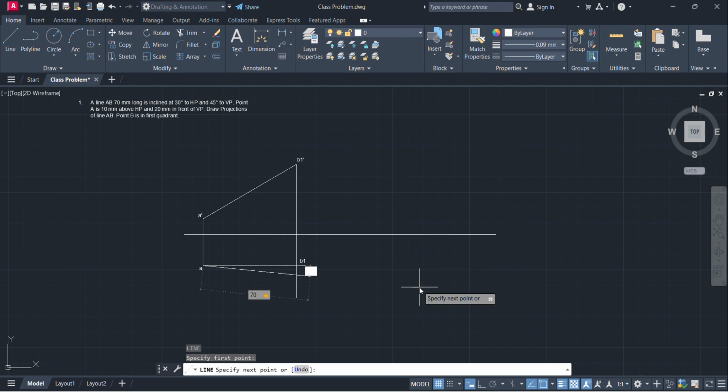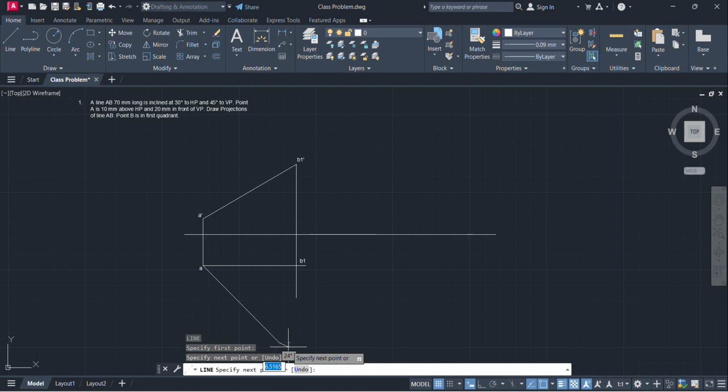Since the inclination is below XY, I will make it as minus 45 degrees. So now the inclination is correct and length is also correct, 70 mm.